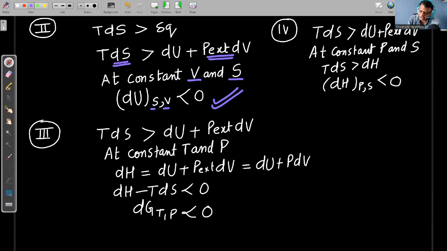The third condition, again from the first law: in place of dq, we write dU plus P external into dV. When pressure is constant, the pressure of the system and the external pressure will be the same.